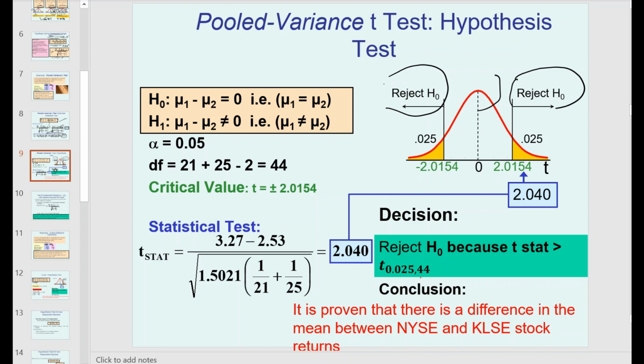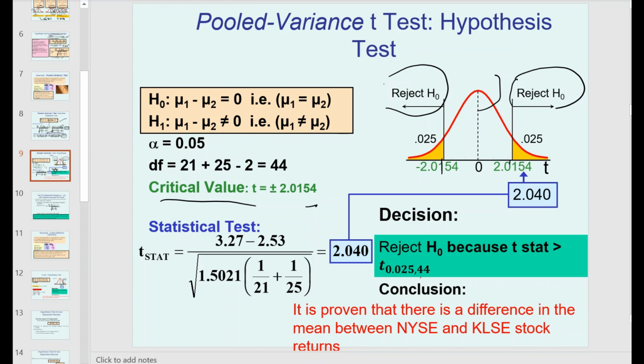Now you have calculated 2.040 as the t statistic value. But for this bell-shaped sketch, when you mark your left tail and right tail, this value is the critical value. What is the critical value? You need to read it from your t table.